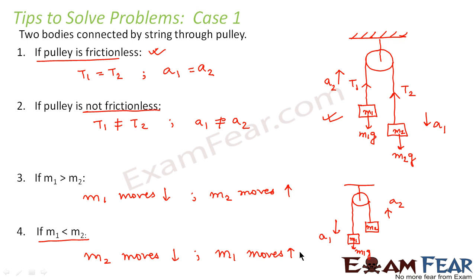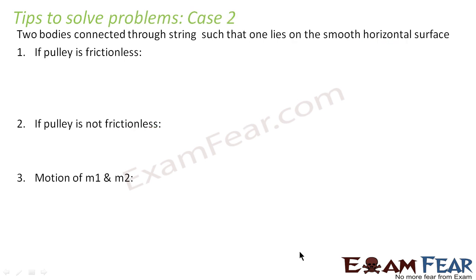So this is one scenario where two bodies are connected via string through a pulley. Now let us look at another scenario which will be helpful to solve the numerical problems. Here we say two bodies are connected through string such that one lies on the smooth horizontal surface. So here we are considering the scenario something like this. Let us suppose this is one object M1.